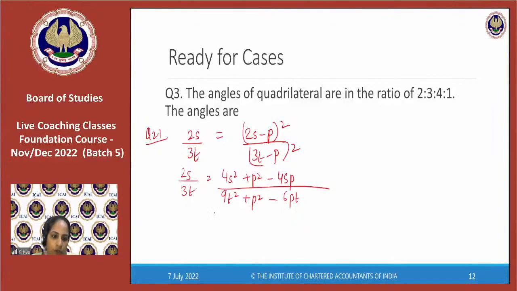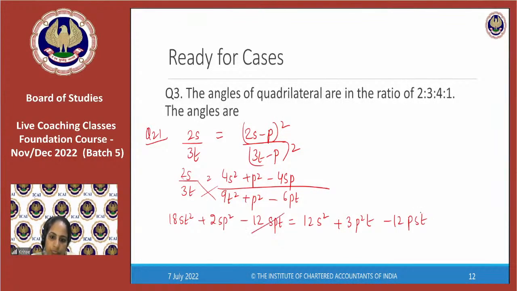Okay, so cross multiply all of them. Just keep on multiplying the numbers. 18st square plus 2sp square minus 2 into 6, 12 spt to be equal to 12s square plus 3p square t minus 12 pst.